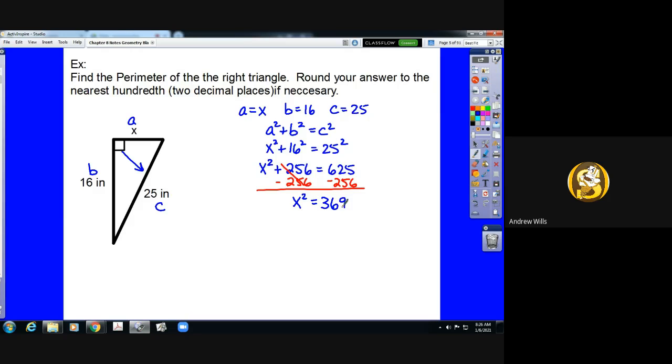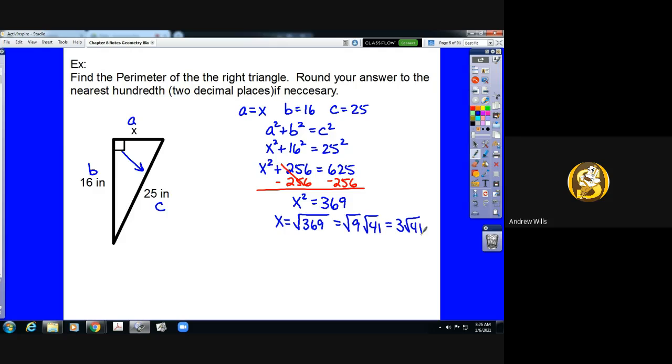Take the square root of 369, which is 9 times 41, or 3 root 41. However, the problem tells us that our answer is going to be rounded to the nearest hundredth, which means we don't really need the reduced root answer this time.